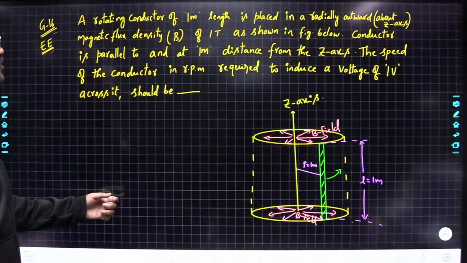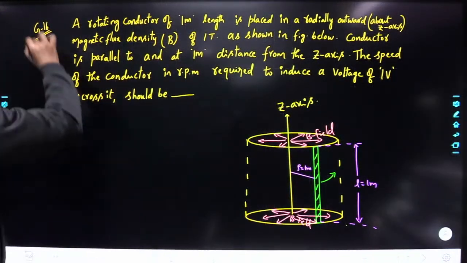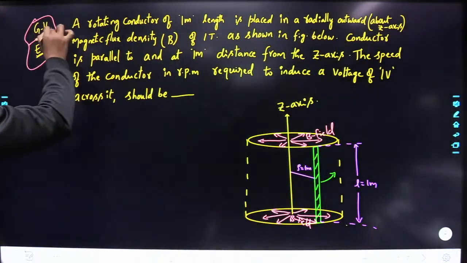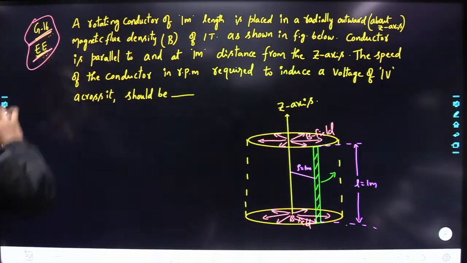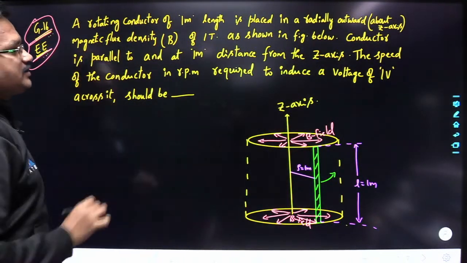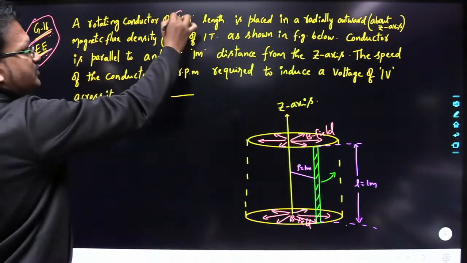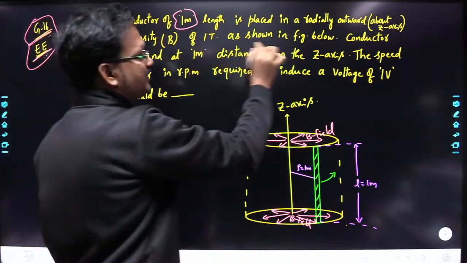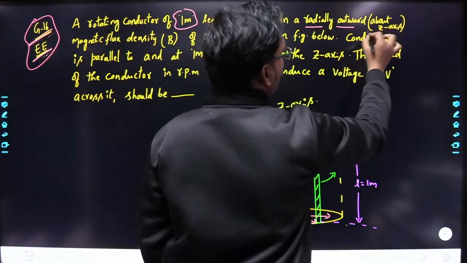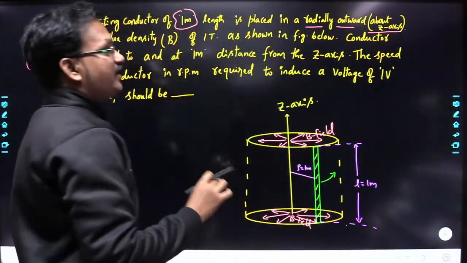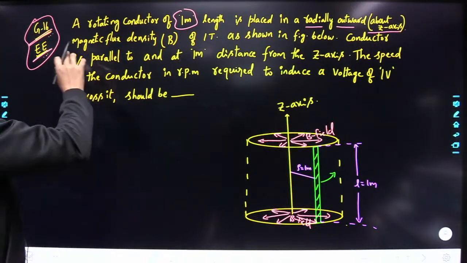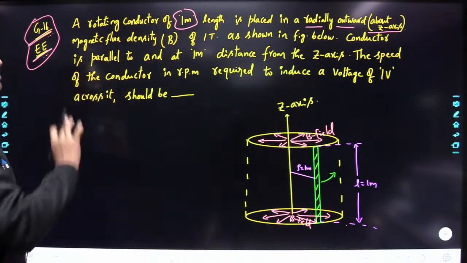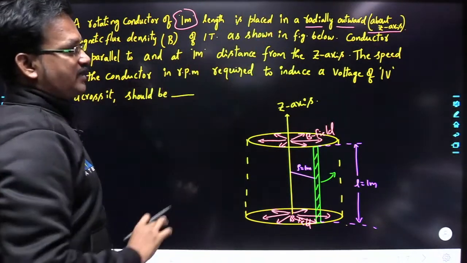What is the question they have asked? This question is given in GATE 2016 for electrical students. A rotating conductor of 1 meter length is placed in a radially outward magnetic flux density about the z-axis.